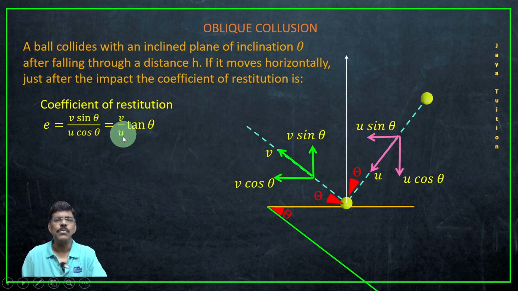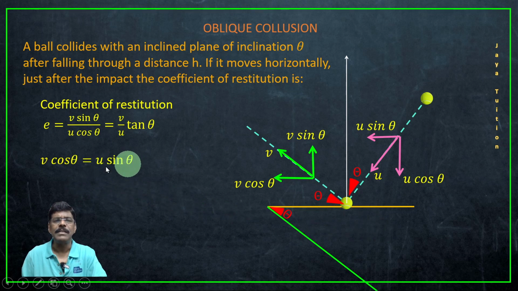Now our work is to find out the value of V by U. We can say over here the change in momentum, final minus initial, along the plane will be equal to 0. There is no change in momentum along the horizontal direction, which gives us V cos theta equal to U sin theta.